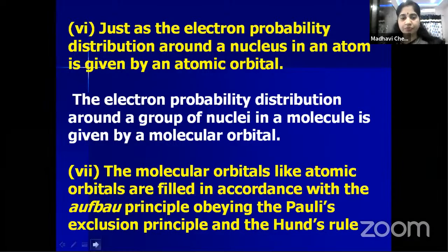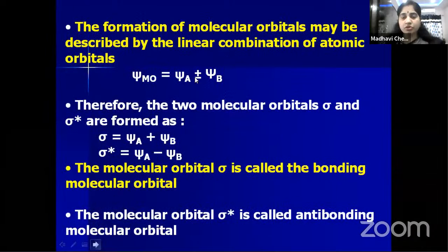Now, see here, children, two atomic orbitals are combining. Psi A and psi B represent the wave functions of two atomic orbitals. So how are they combining? This is the linear combination. Linear combination means plus or minus. When the wave functions of these atomic orbitals undergo a linear combination, they give two types of molecular orbitals.